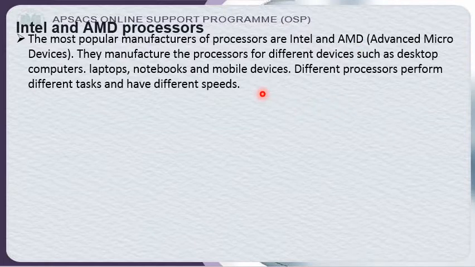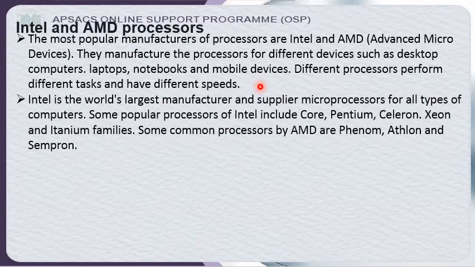Both of these companies manufacture processors for different devices, such as desktop computers, laptops, notebooks, and mobile devices. Different processors perform different tasks and have different speeds. So there are different types of processors, and depending on those types, their speed is also different.